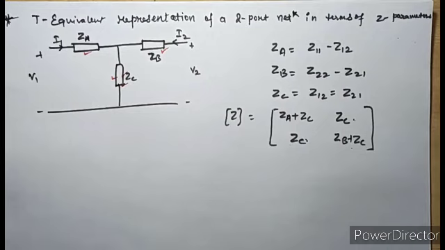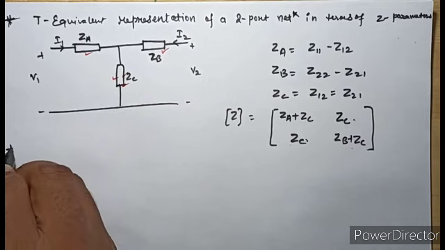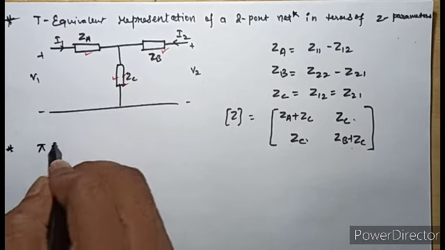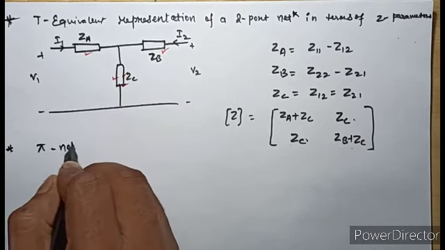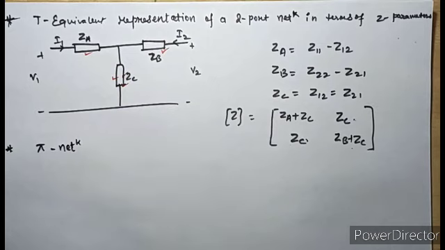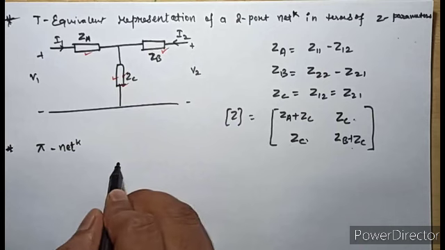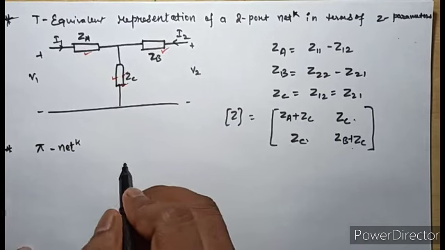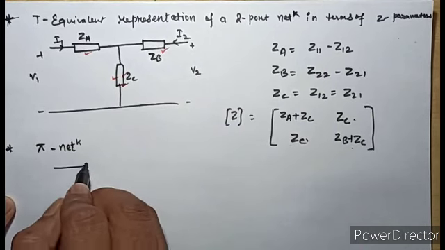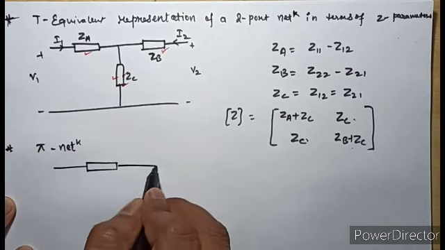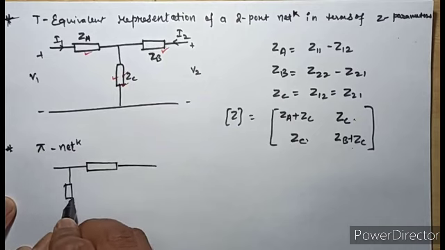Right. The next network is the pi network, means the pi network in admittance quantities. Consider that this is our network.